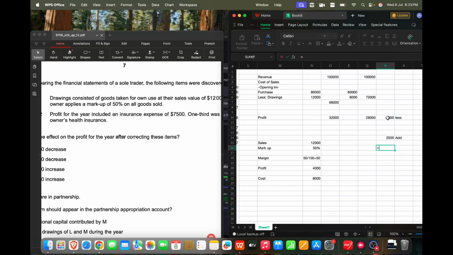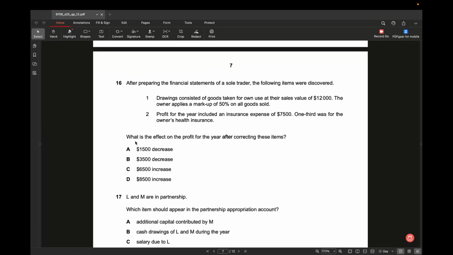So overall 2,500 minus 4,000, overall 1,500 will be subtracted because of this from my profit. So what is the effect on the profit for the year after correcting these items? 1,500 will decrease. 16 is A.